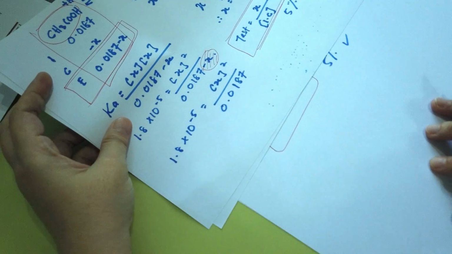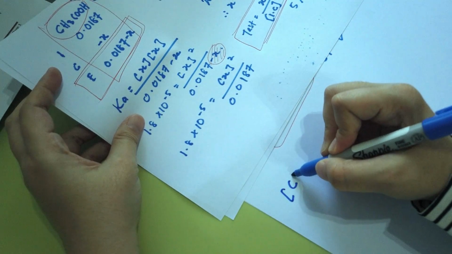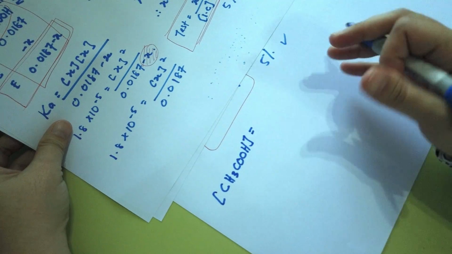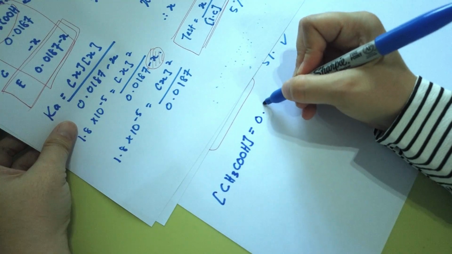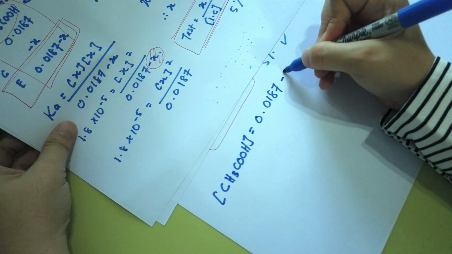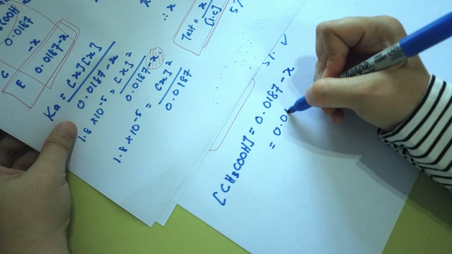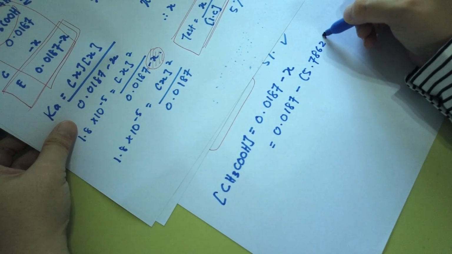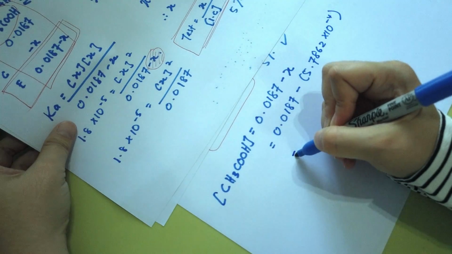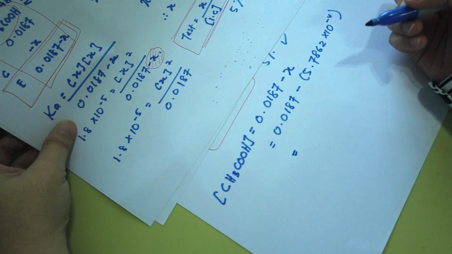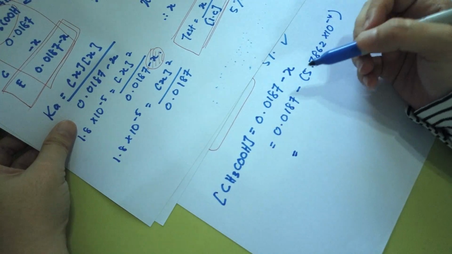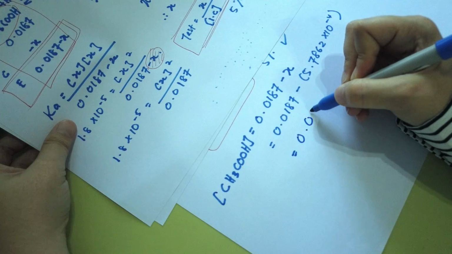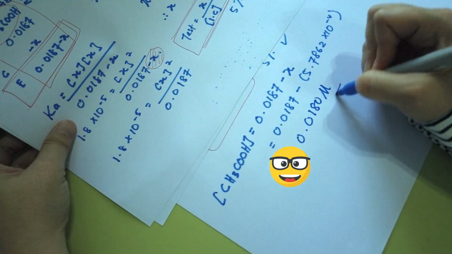So at equilibrium, the concentration of acetic acid is equivalent to 0.0187 minus x, where your x is 5.7862 times 10 to the power of negative 4. So you will get the concentration of CH3COOH, your acetic acid, equivalent to 0.0180 molar.